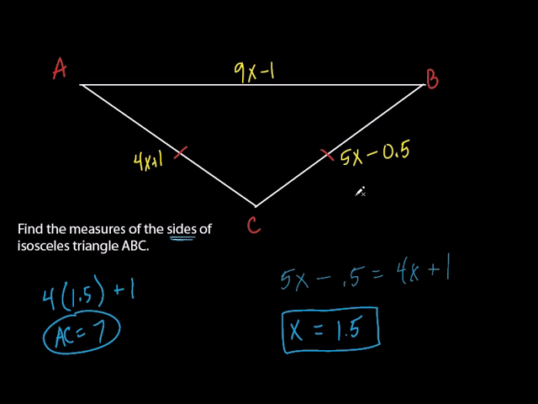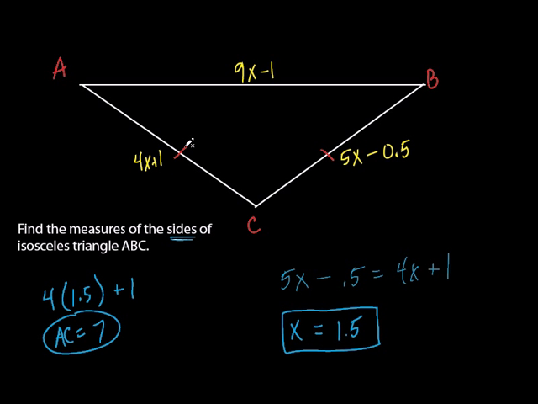Let's do this one right here, and we're going to plug in x for this. So 5 times 1.5 minus 0.5, or a half. You could do that, because that would be 7.5 minus a half, which is 7. But look, you don't even have to bother doing that.